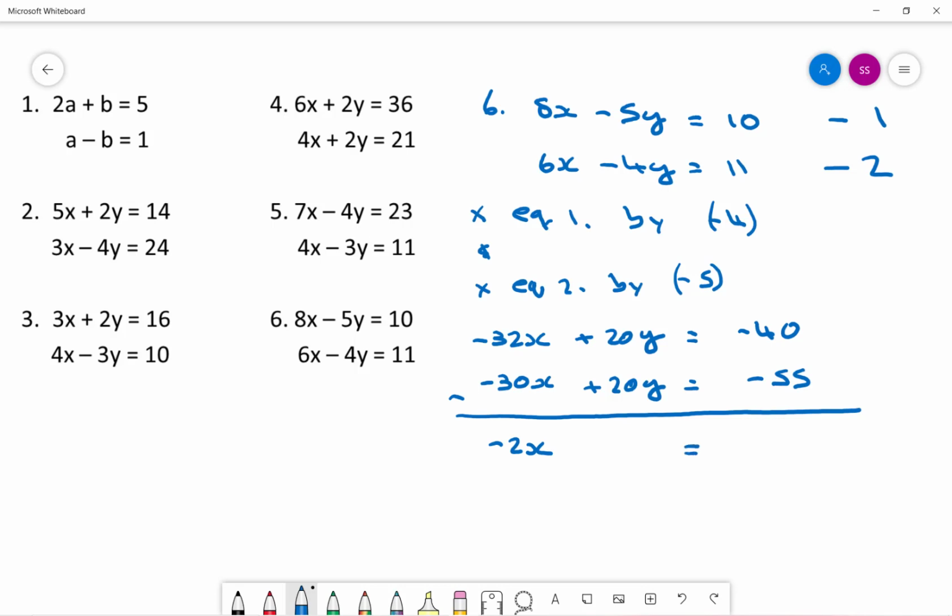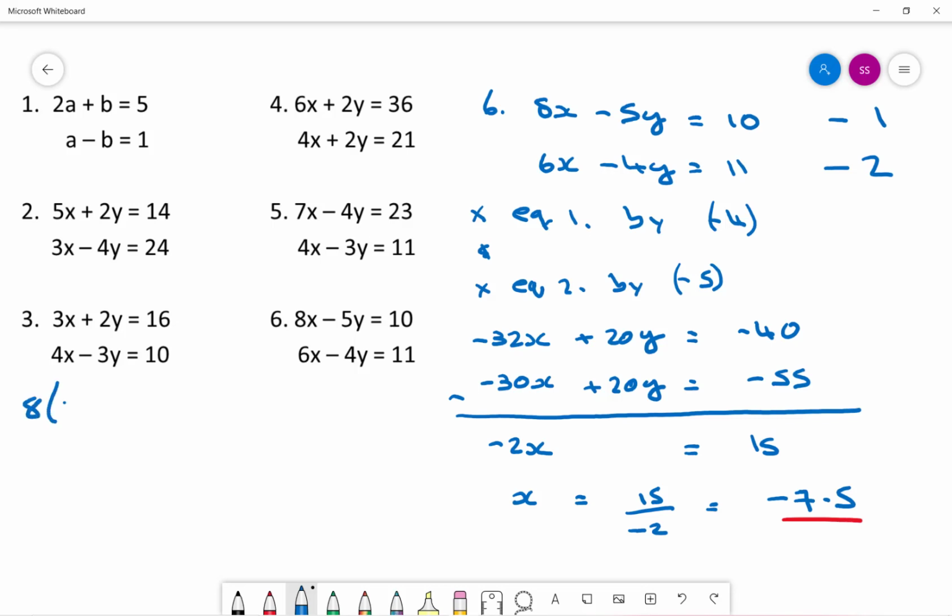And on the other side, we have negative 40 minus negative 55, which will be negative 40 plus 55, which will give us plus 15. Rearranging for x will be 15 over negative 2, which will give us negative 7.5 here for my x value.